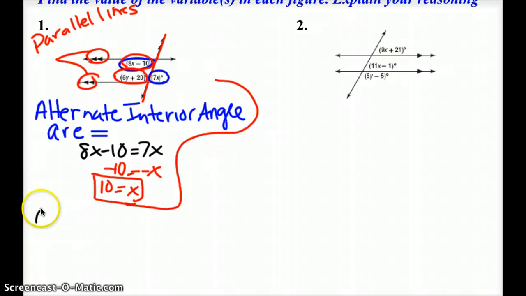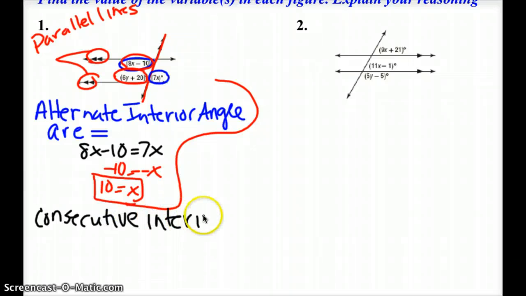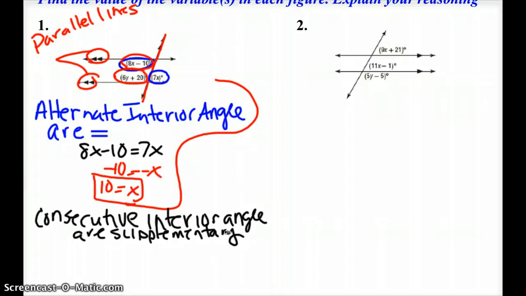That is consecutive interior angles are supplementary, and so now I need to add those to 180. I'm going to take my 8x minus 10 plus 6y plus 20 equals 180.